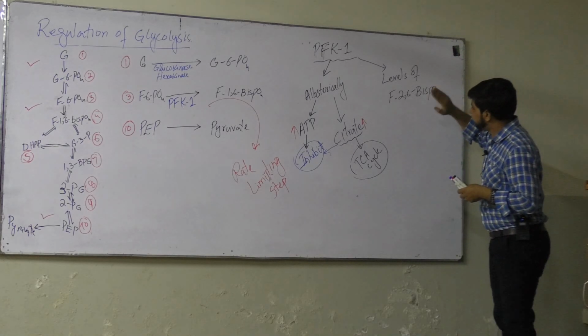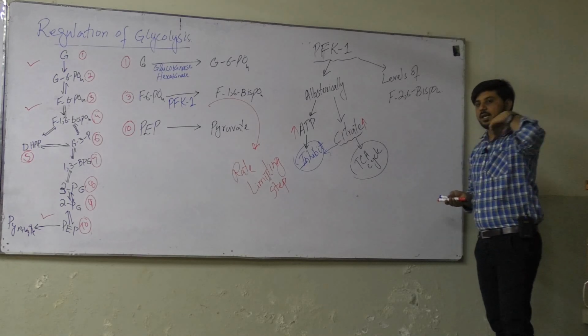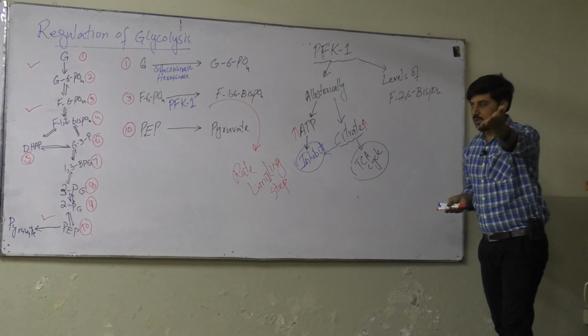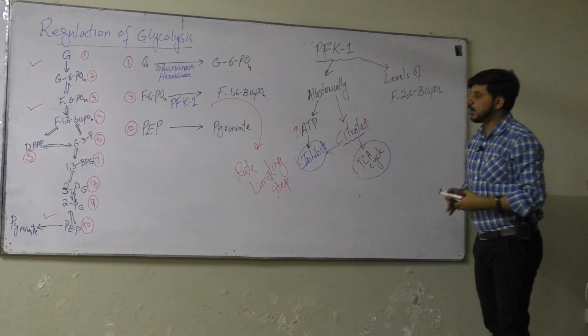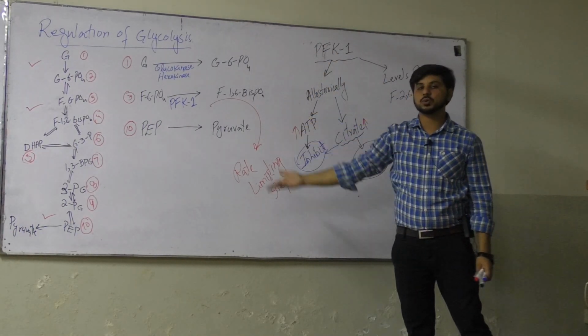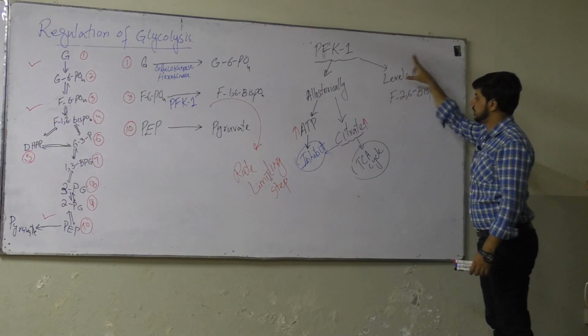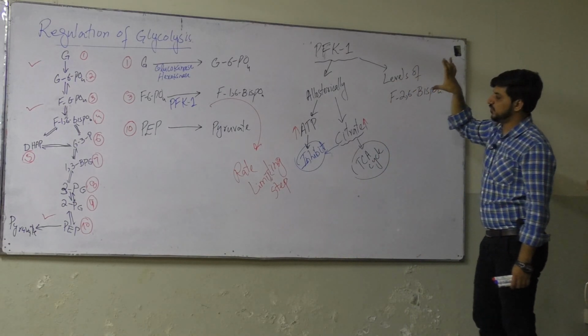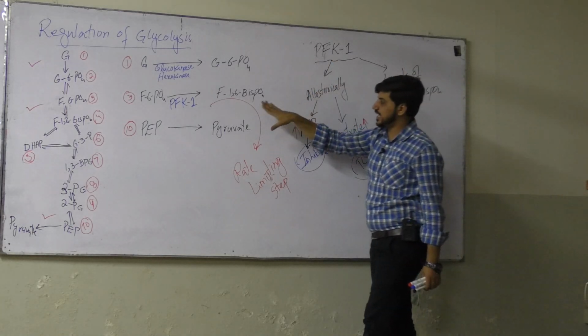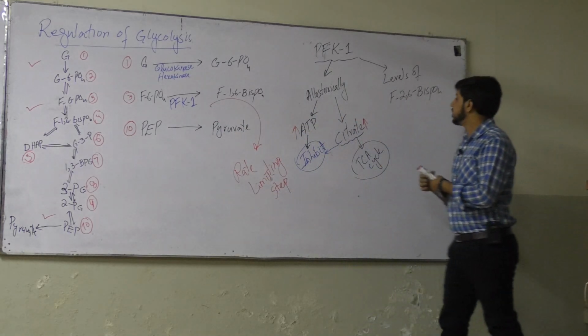So this will decide whether the pathway will proceed toward the formation of pyruvate or toward the synthesis of glucose through gluconeogenesis. And on the basis of these levels, we say that this chemical reaction is a rate limiting step.